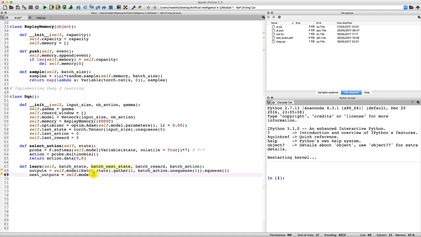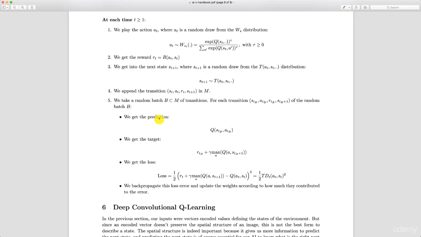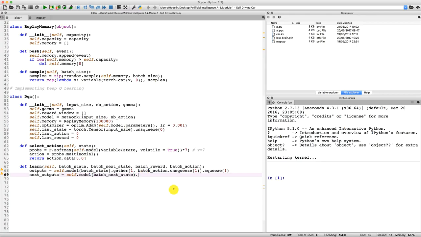But now remember, if we go back to the Deep Q-learning algorithm, you can see that the next output is the maximum of the Q values for the next state with respect to all the actions. So right now, to get the next output, we need to get the maximum of these Q values. And therefore, I'm going to do here a detach, to detach all the outputs of the model, because we have several states in this batch next states.